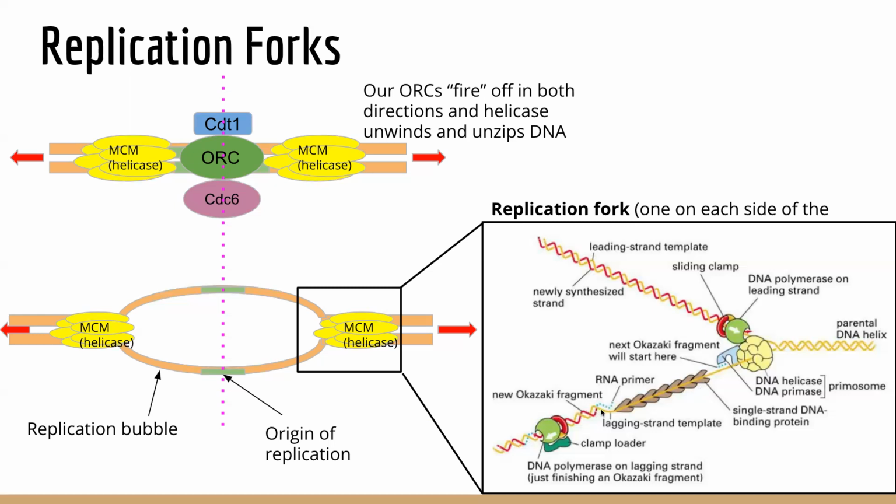There are multiple of them rather than just one, because it's being opened in the opposite direction of the synthesis of DNA. And the clamp loader is just another protein involved with the sliding clamp, which puts the sliding clamp onto the DNA. And DNA primase makes the RNA primers.